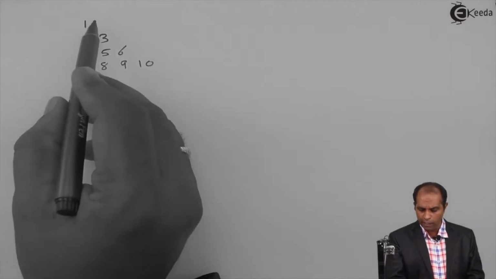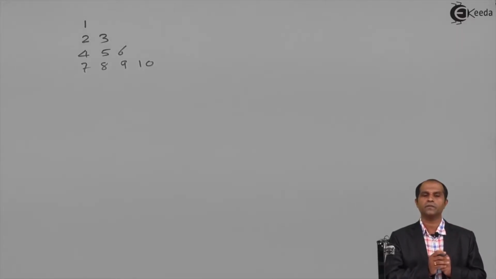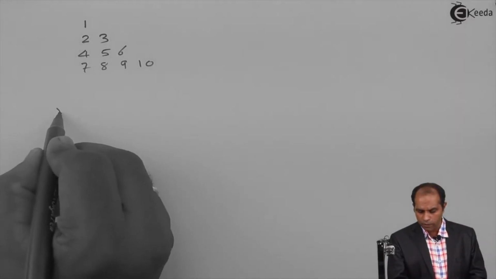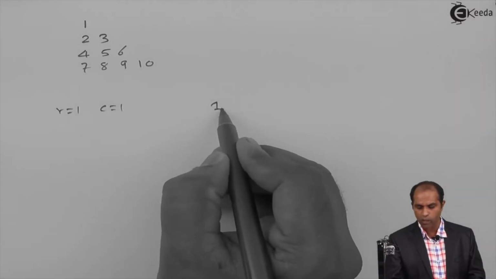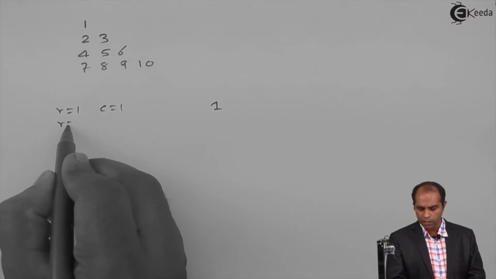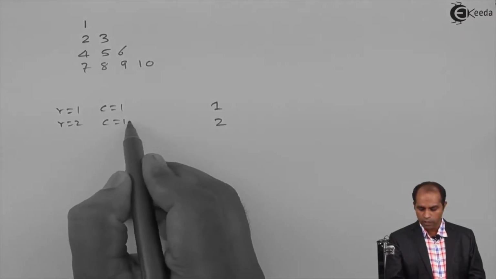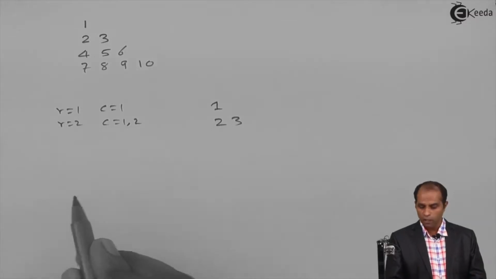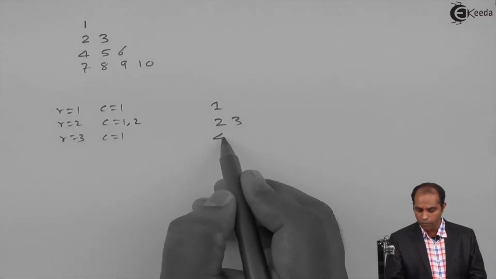Here, all the characters of the pattern are changing, and they are changing continuously irrespective of the value of R or C. So now, let us check this. When R is 1, C is 1, what needs to be printed? 1. When R is 2, C is 1, you need to print 2. When C is 2, print 3. Now here, when R is 3, C is reset to 1, print 4.